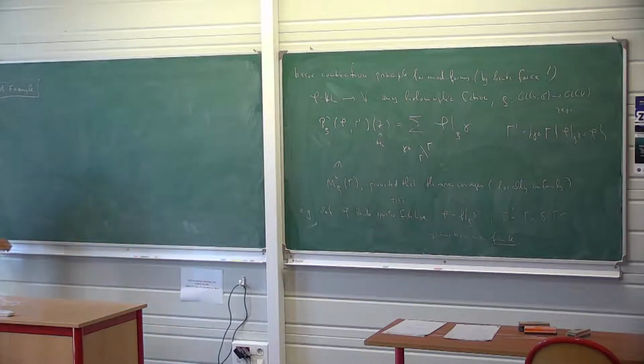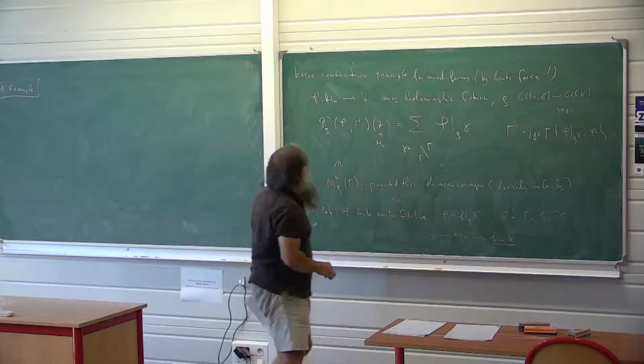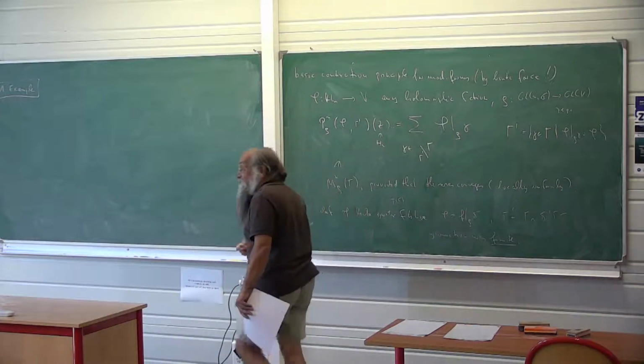So, first example. The most stupid function you can think of is just the function 1.